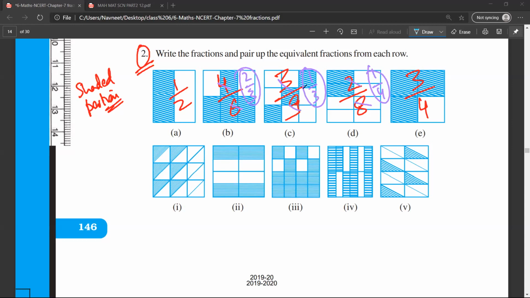So what are the equivalent fractions that you see now? Here, do you see any equivalent fraction? No, sir. Here I don't see any equivalent fraction.